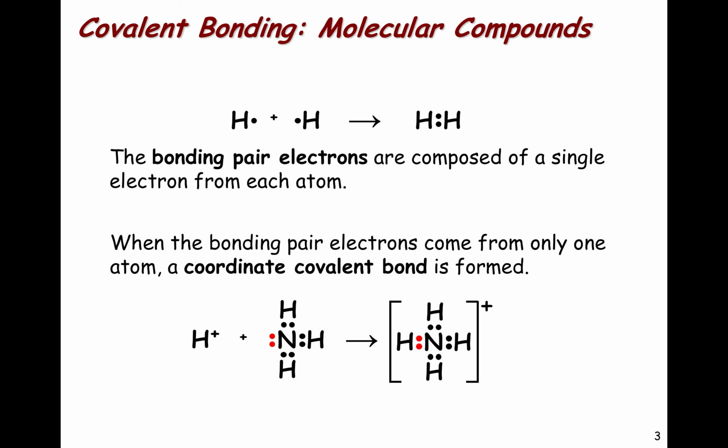This is not the only way one can go about forming the covalent bond. It is possible to start with a molecule that has a lone pair of electrons, as shown here for ammonia, NH3.